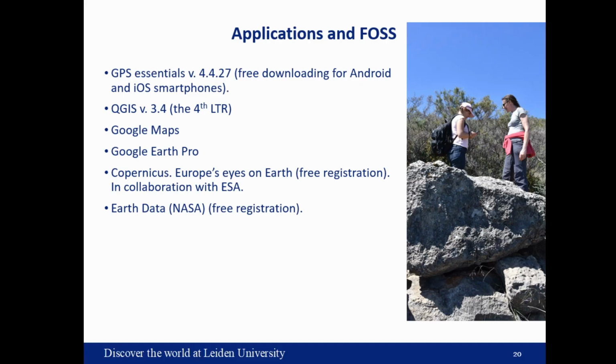Additionally, as we already mentioned, we used QGIS, but we also combined the usage of Google Maps and Google Earth Pro, which most of you are familiar with. But additionally, the Copernicus webpage and the Earth Data webpage only require a free registration, and then you can easily download maps or digital elevation model rasters, and use them to run your analysis.